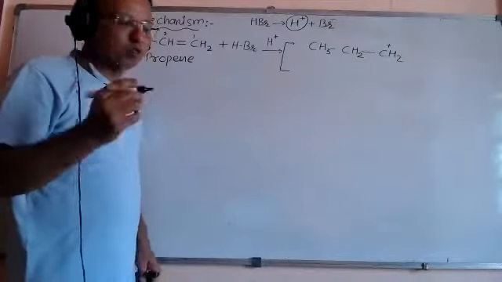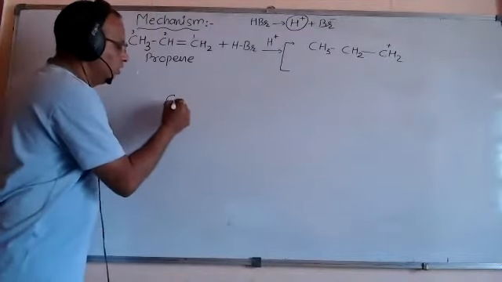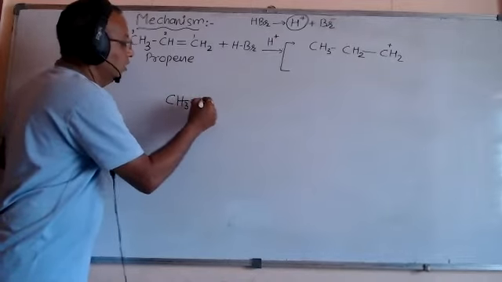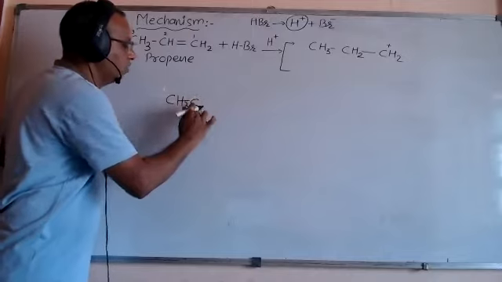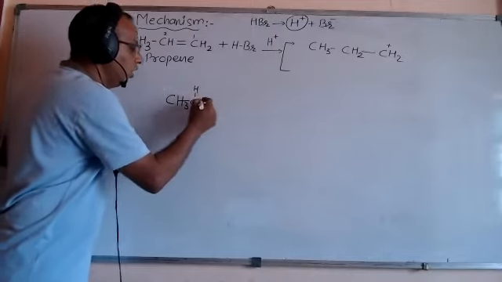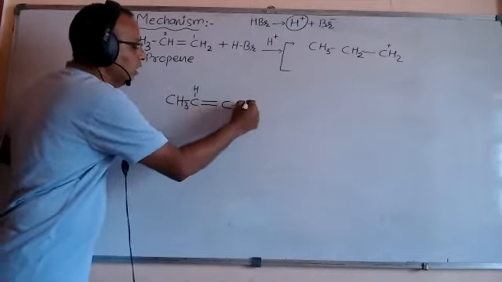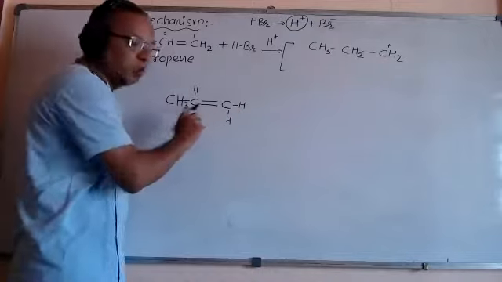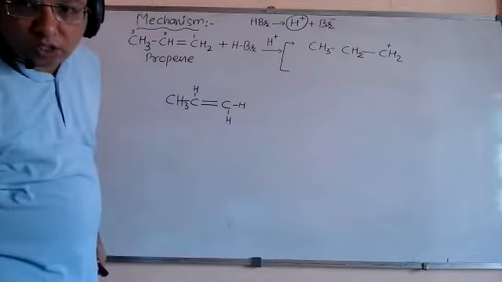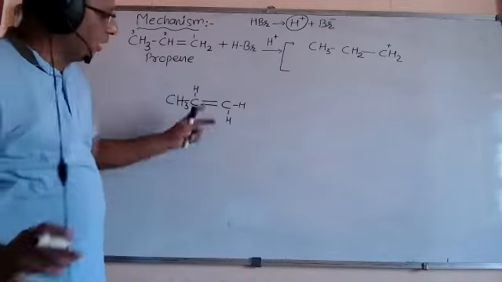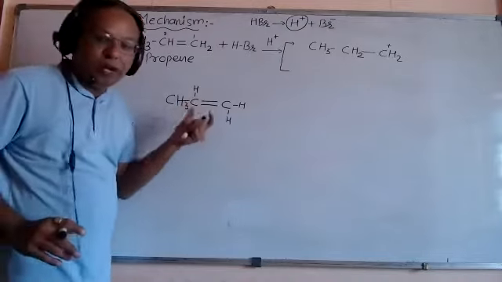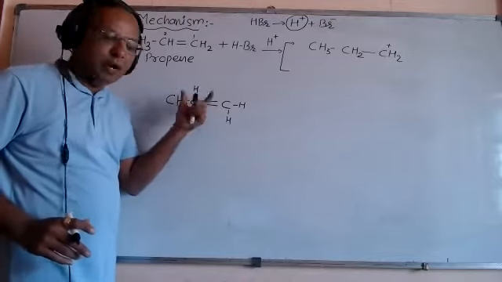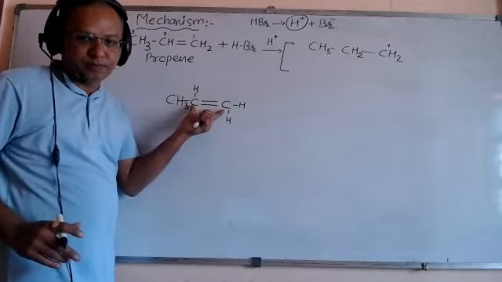Why does this happen? Please look here. This is CH3. This is CH, friends. And here is the double bond. Here is CH2. Now look here carefully. These two bonds between the two carbon atoms are covalent bonds, and the electrons for this bond are shared by both carbon atoms.